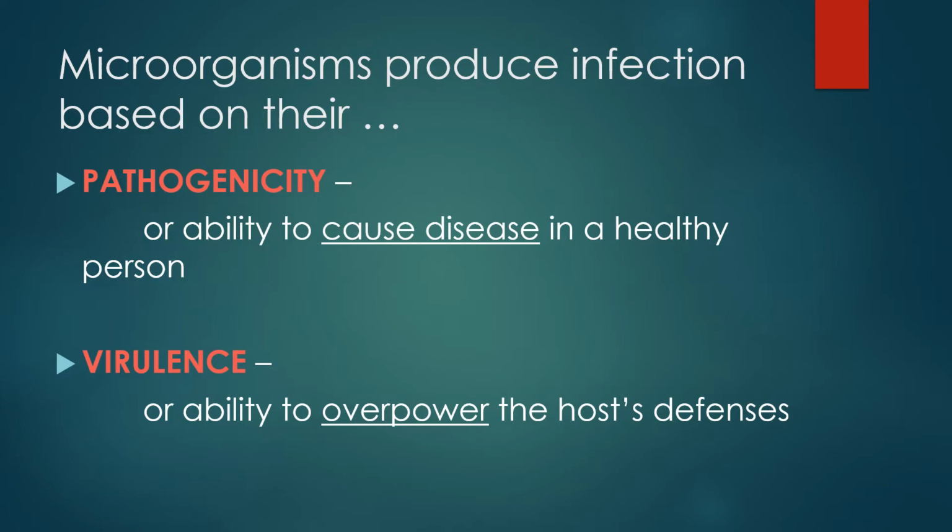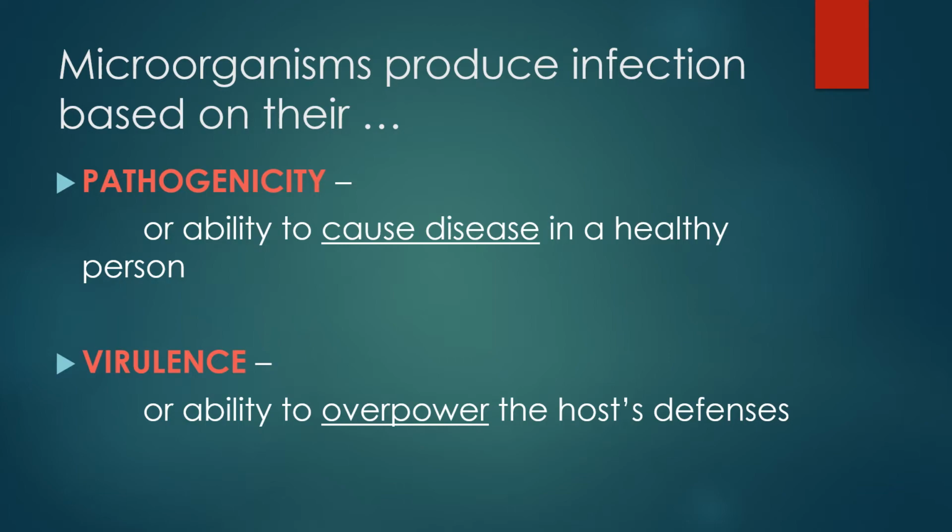However, sometimes, and it could be for a number of reasons, the host defenses are not able to overpower the microbe. And so we would see the opposite, where that microbe is able to multiply in numbers and then overpower our defenses. So when we're looking at a microorganism's ability to cause an infection, it really is based on these two things: the degree of their pathogenicity and the degree of their virulence.